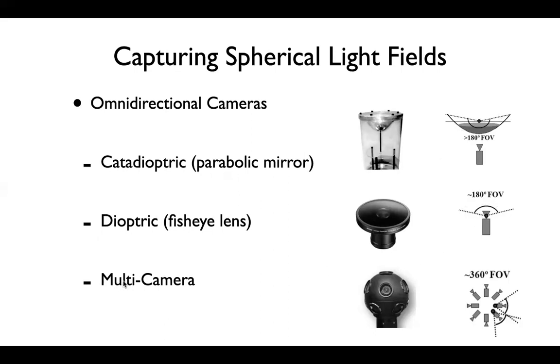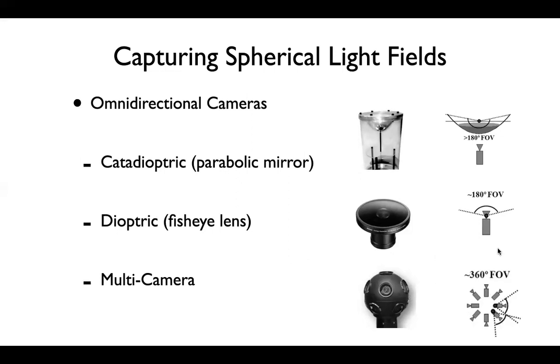And then you can also have multi-camera, where we put the cameras on the surface of a sphere, and then we get a 360-degree field of view. Depending on how you do it, you could get stereo and 3D light fields with depth also, right? So the professional cameras for 3D VR are of this type, right?